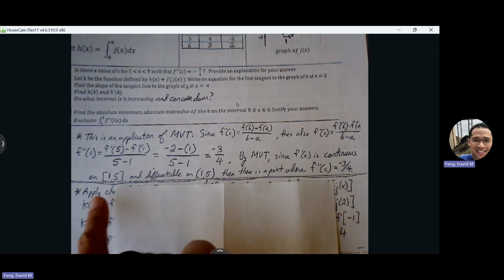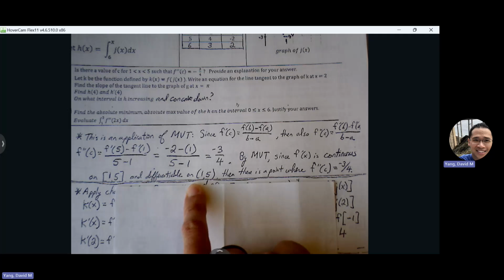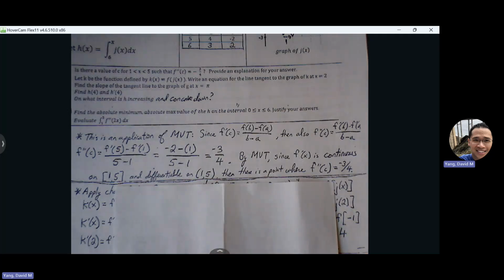So again, continuous is with brackets, differentiable is with parentheses. If I happen to be going too fast, just know that you have a key on the next page as well.